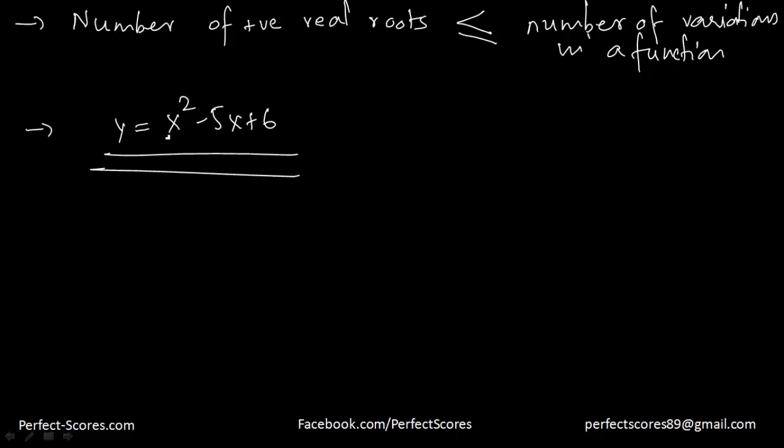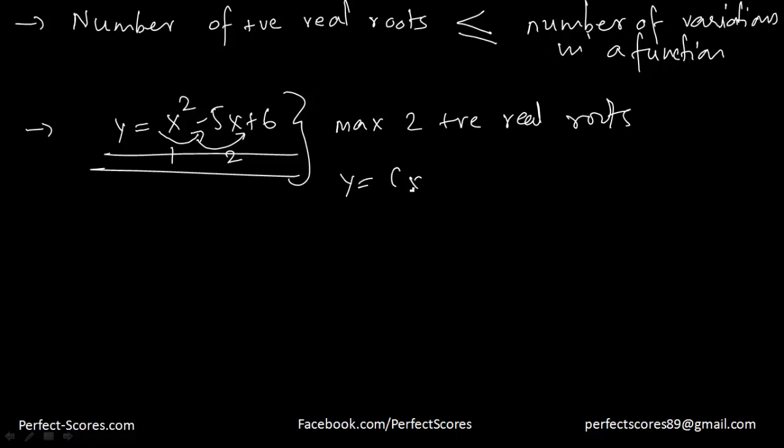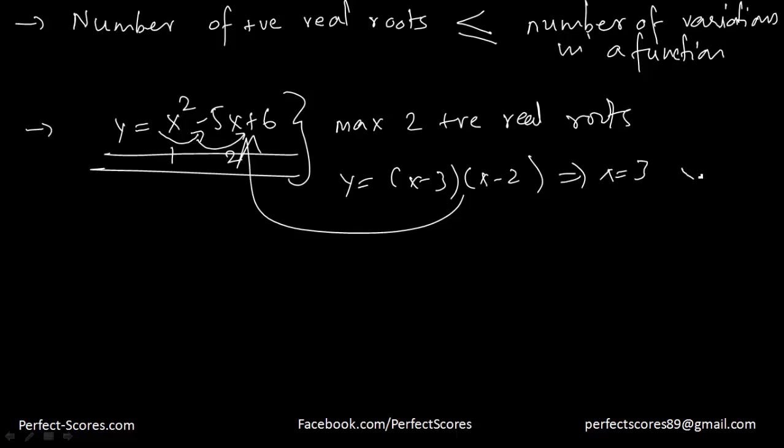Now, how many variations does it have? 1 and 2. That means it's going to have a maximum of 2 positive real roots. Let's check that out. y is equal to (x minus 3)(x minus 2) is equivalent to this function, and you can clearly see x is equal to 3 and x is equal to 2. It has 2 positive real roots. So that means the number of positive real roots is always less than or equal to the number of variations in a function.